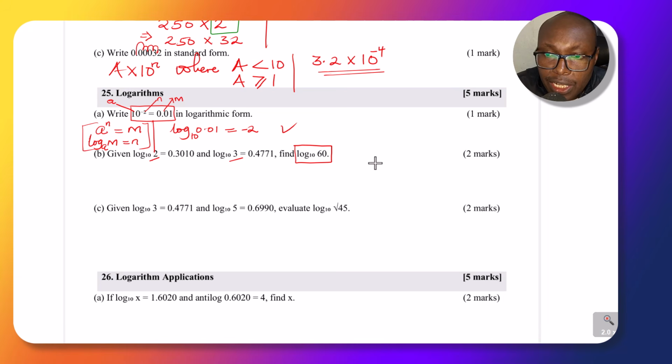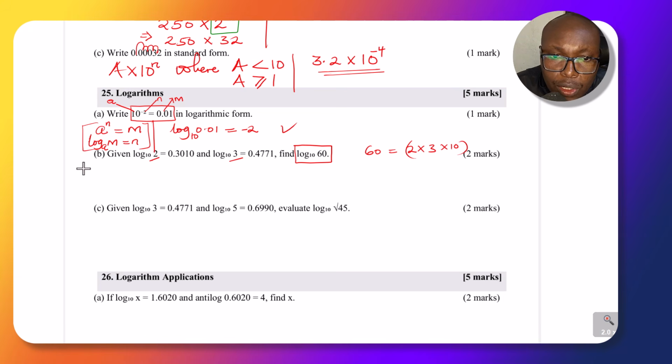And this is how you write it. 60 can be written as 2 times 3, that is 6, times 10. That is why you have been given the logarithm of 2, then logarithm of 3.